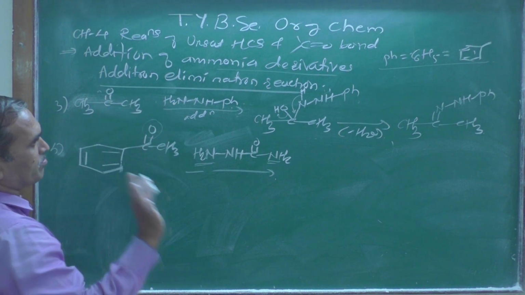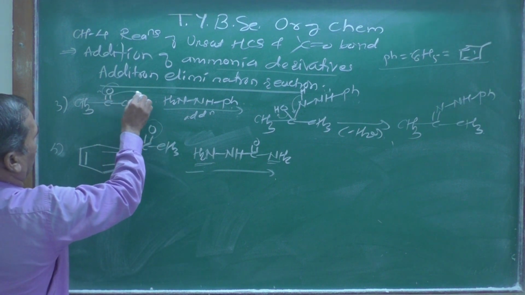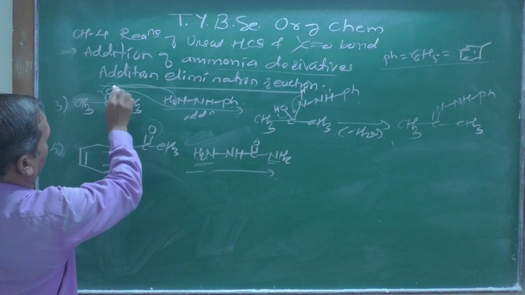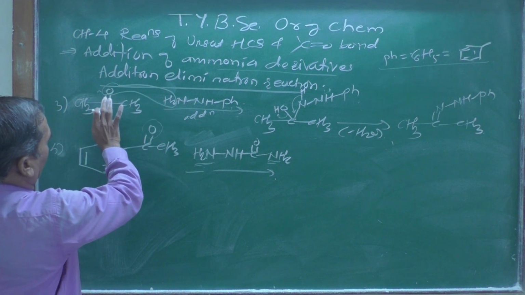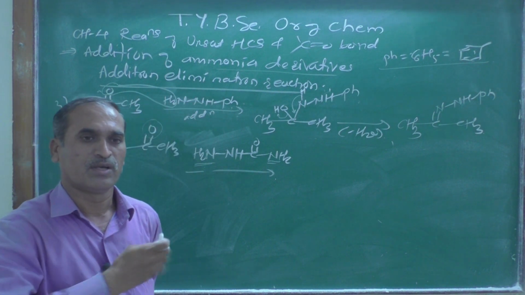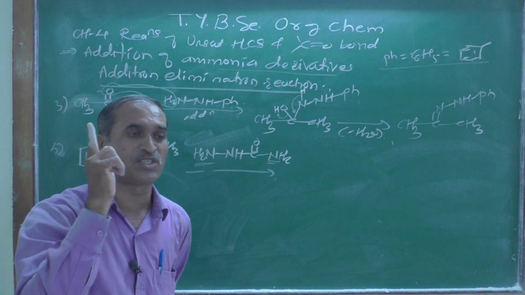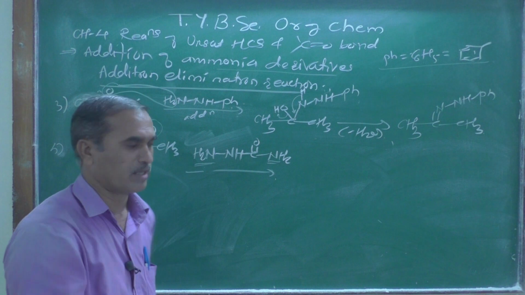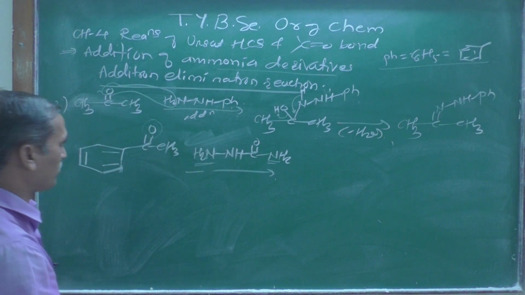What you have to remember in short while predicting the product: one oxygen from here and H2 from here are removed, and you just put nitrogen, carbon nitrogen double bond, and whatever other part you keep as it is, that will be your product.